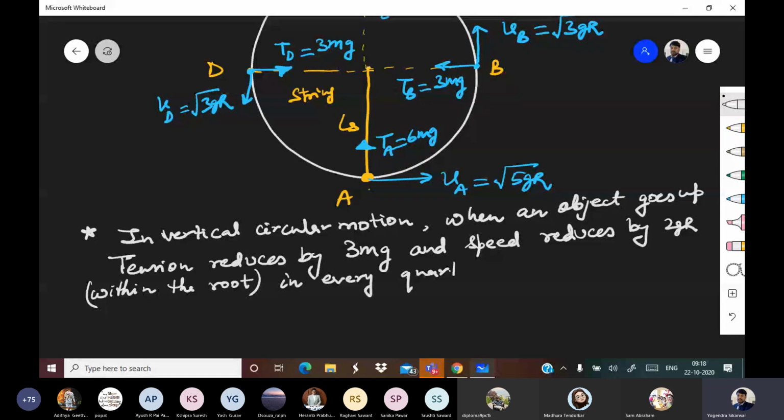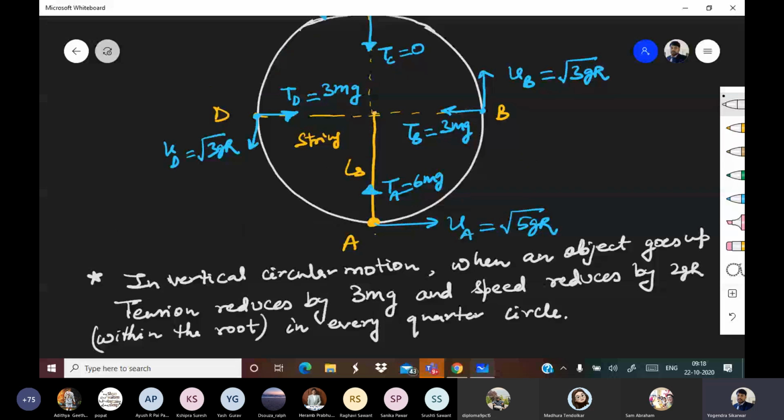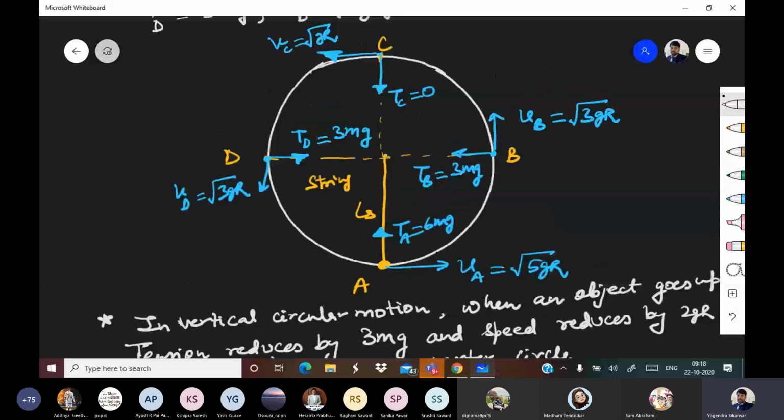Okay. Now you can check whether it is happening or not. When it is going from A to B, tension is reducing from 6 to 3, so it is reducing by 3 mg, right? Speed is reducing from root 5 GR to root 3 GR. When it is going from B to C, tension is reducing from 3 mg to 0.